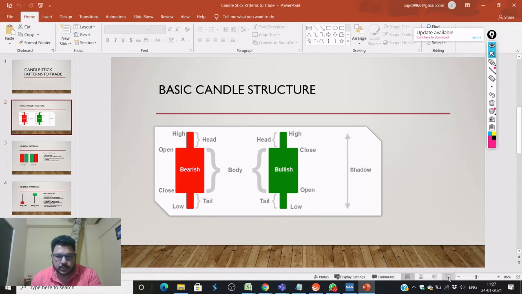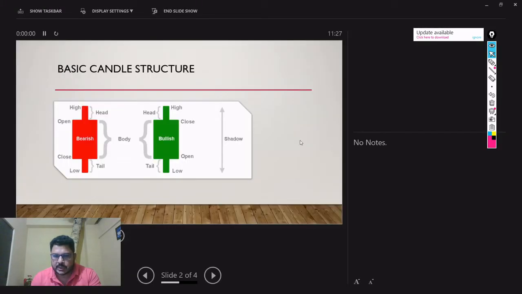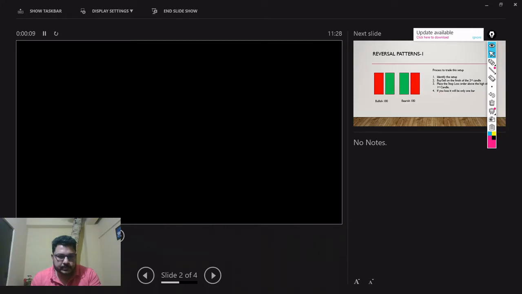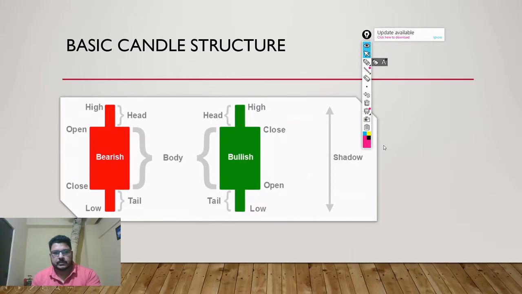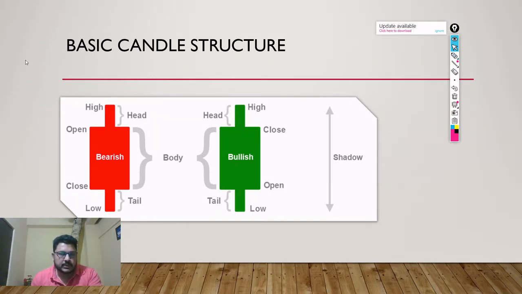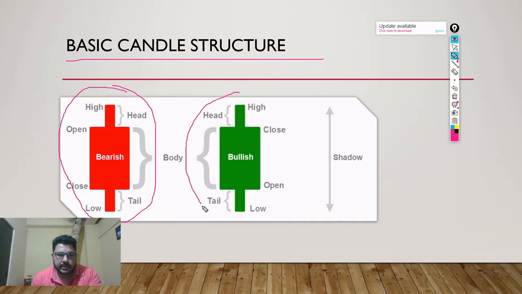But today I am going to make you understand a simple explanation of how to read the candlestick pattern. If you see, this is the basic candlestick structure, and we have a red bar and a green bar. I will show you the examples on the live chart as well.